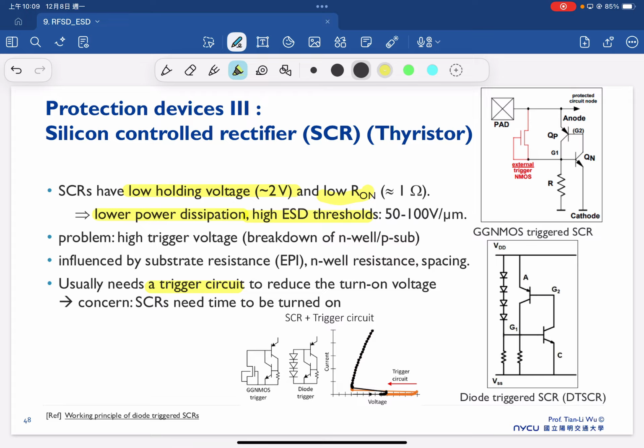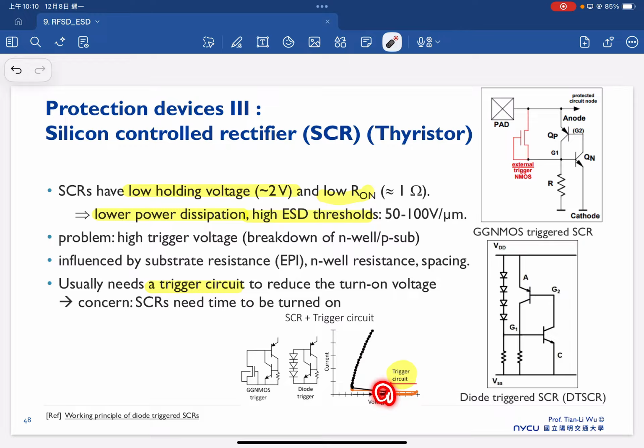So you see here, we need to have a trigger current, because as we already said, the purpose of ESD protection is that we want to make sure the trigger voltage for latch-up is lower than our main device. If this trigger voltage is way too high, then our main device will face the latch-up earlier than this protection device.